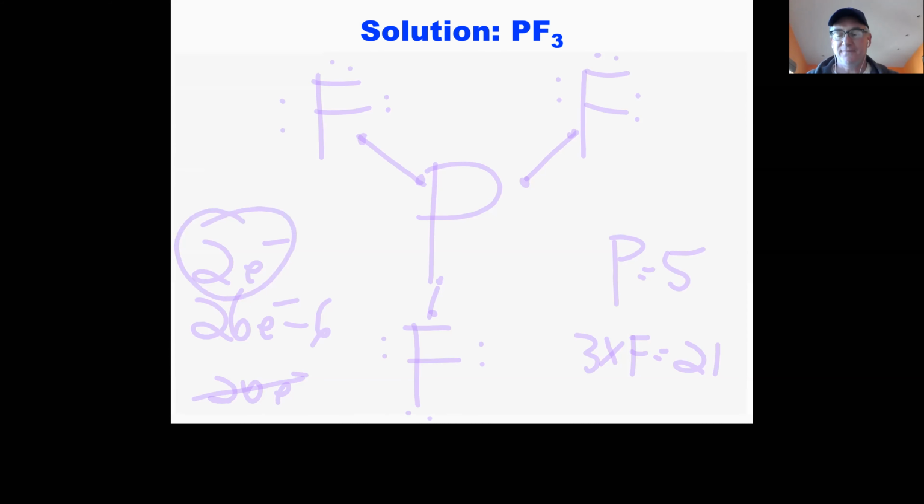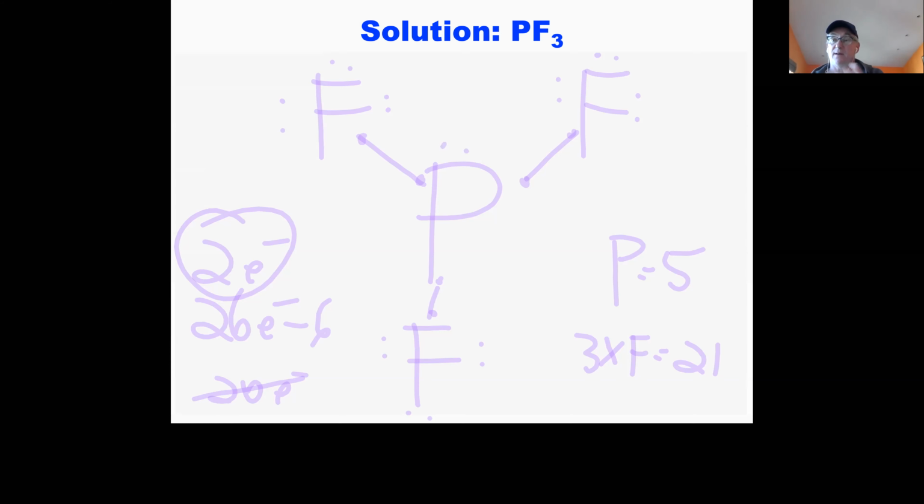Do I make another bond? What do I do with them? Just put them in the middle. Yeah, whenever you have electrons left over, when everyone on the outside has a full octet, that means you can't make any more bonds with those atoms. They're happy. They have a full octet. But look in the middle.